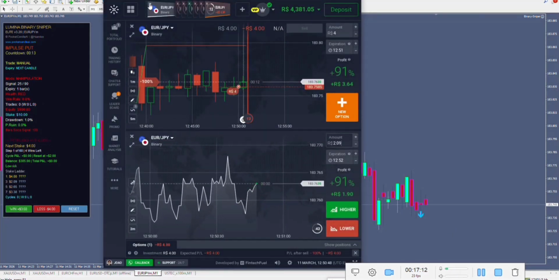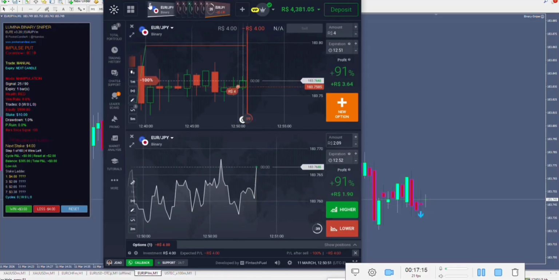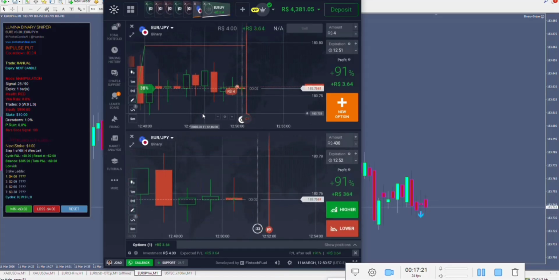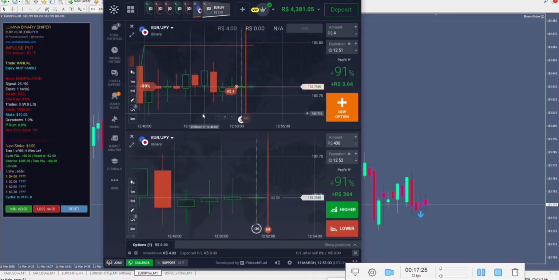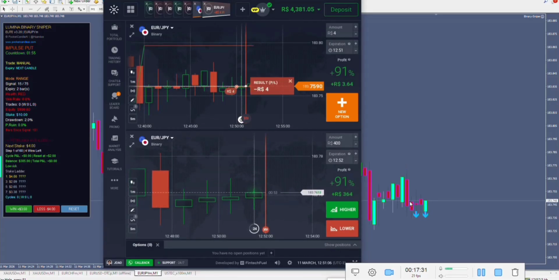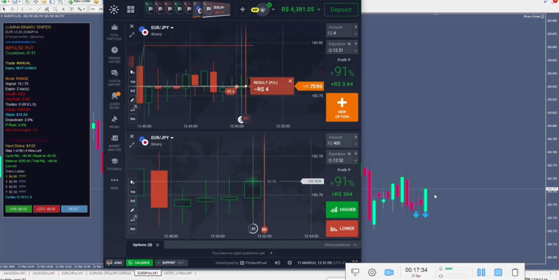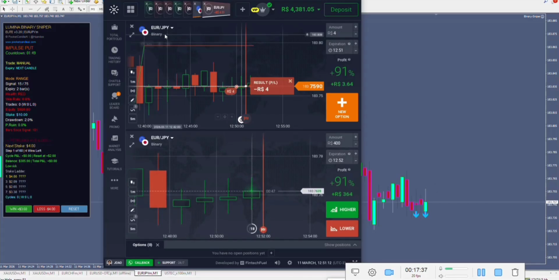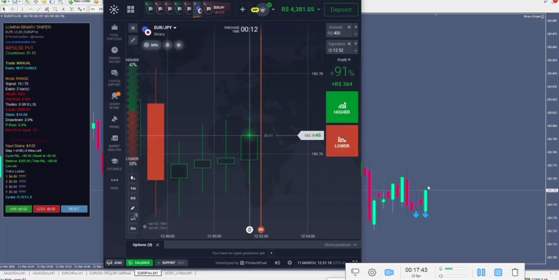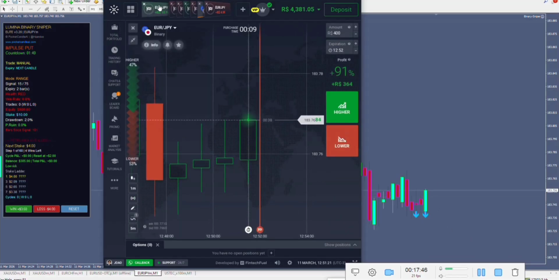Let's wait. See here, they are not the same, but it can be in your favor, it can be against you. That's what it is. Here we are going to trade with only 1 window because we are trading per signal.